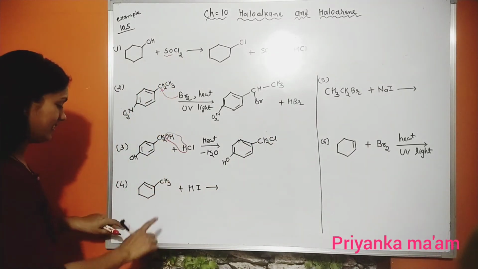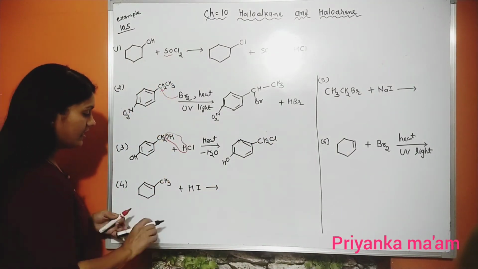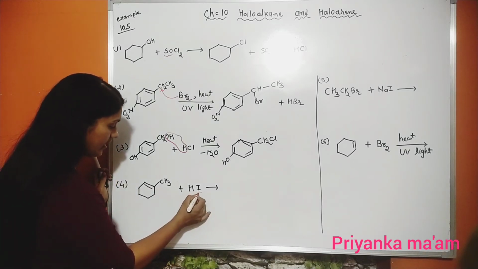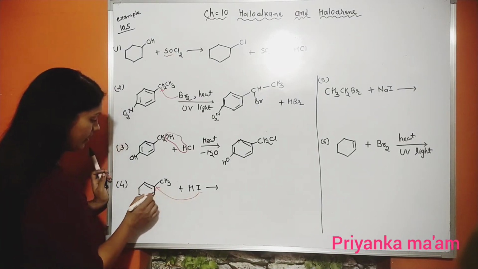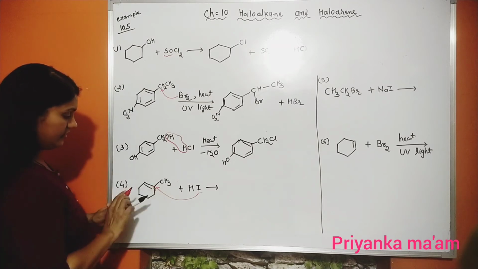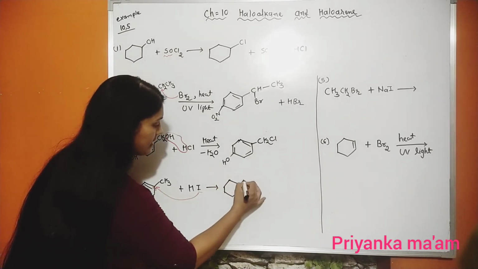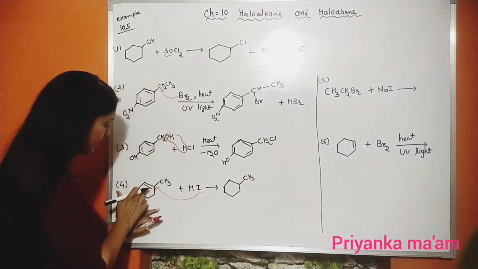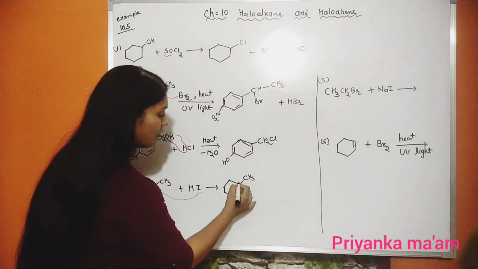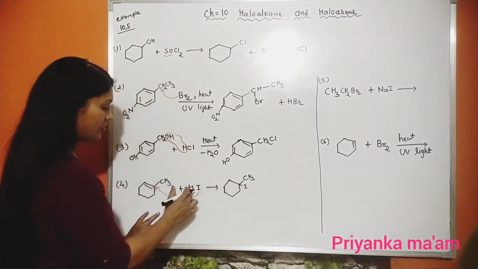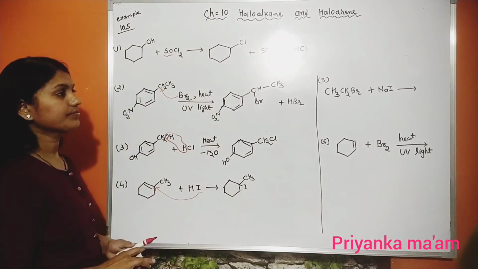Okay. Fourth reaction. See this iodine attached with this carbon. So when iodine is attached with this carbon, this double bond will be removed. So iodine attached on this carbon.